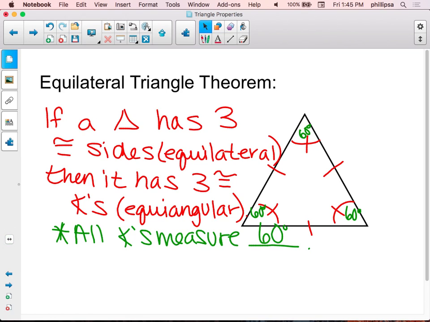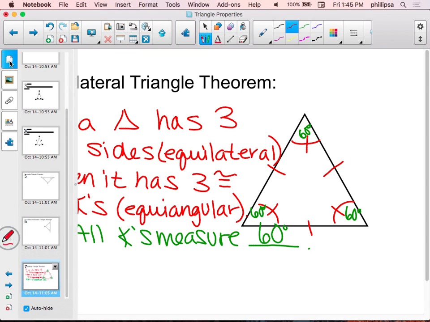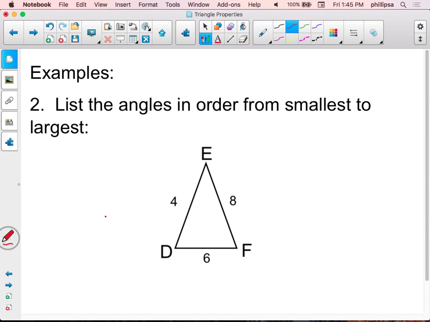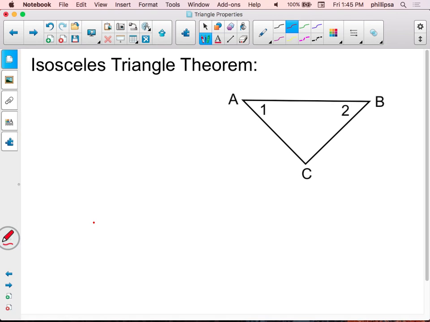So they kind of go with each other, right? Two congruent sides, two congruent angles. Now, there is a specific location of the angles. The angles are specified in reference to where the congruent sides are.